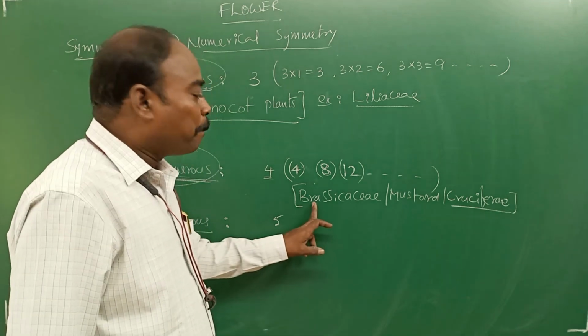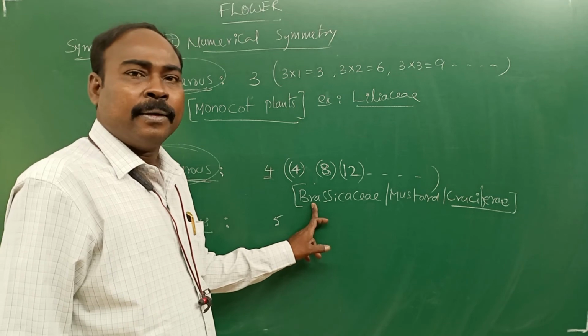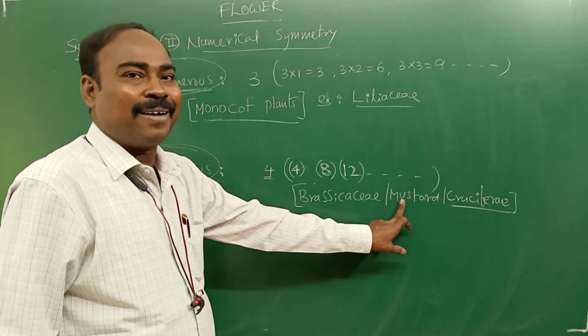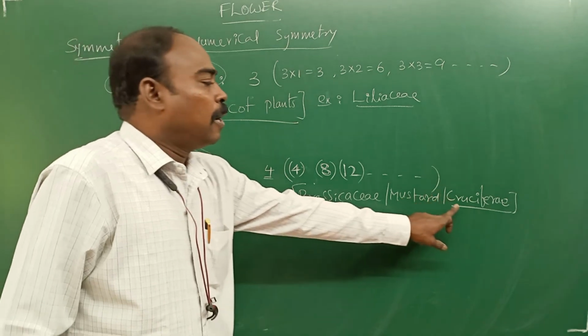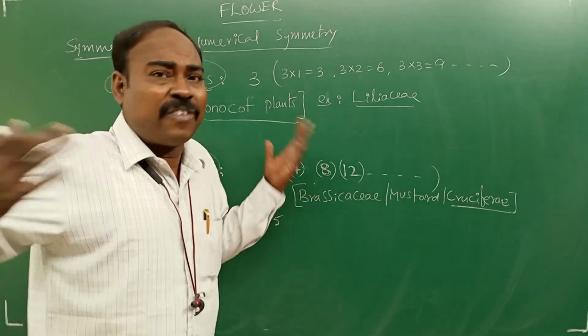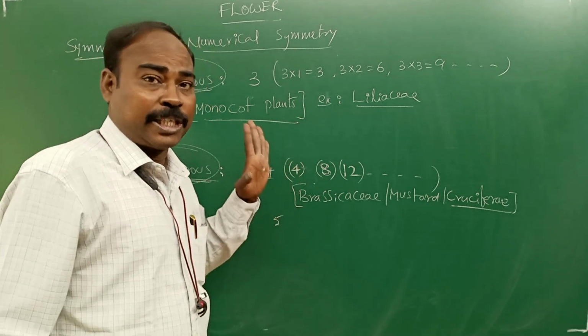Brassicaceae is one of the families in angiospermic plants. In this family there are a number of members, but this is one example where the tetramerous condition is seen.